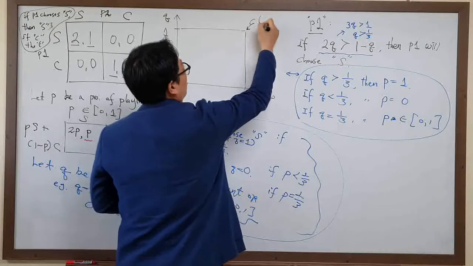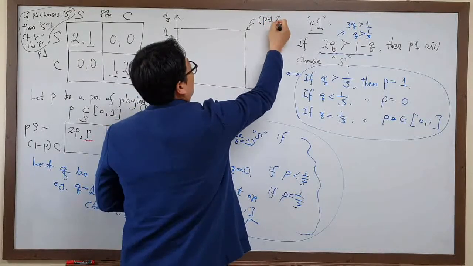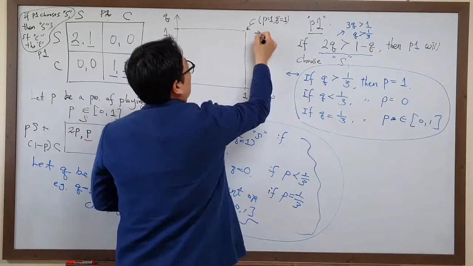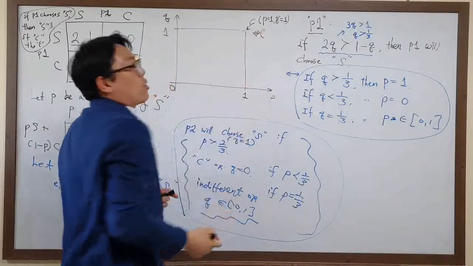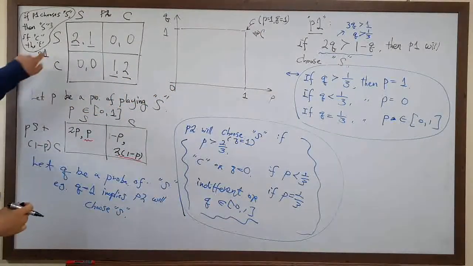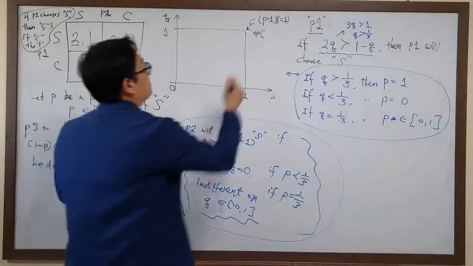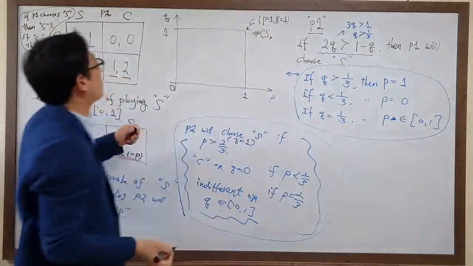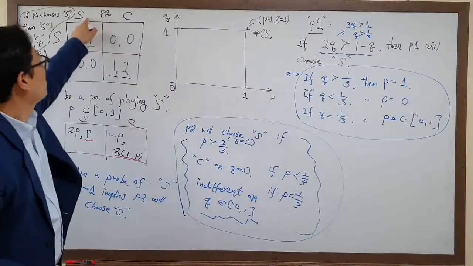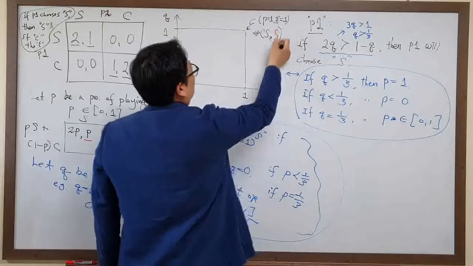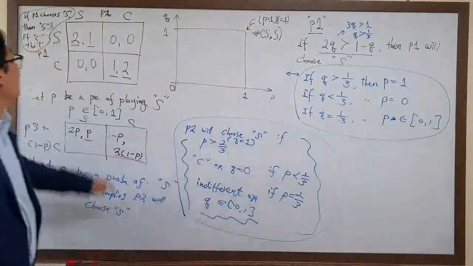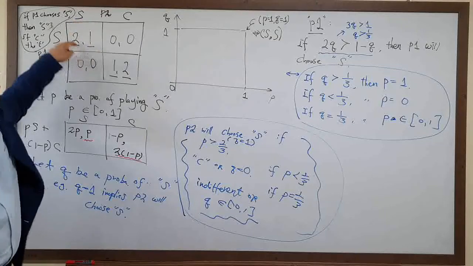This point is where P equals 1, Q equals 1. It means P equals 1 means player 1 is playing S, and Q equals 1 means player 2 is playing S. So actually this point represents they are playing this cell, this outcome.